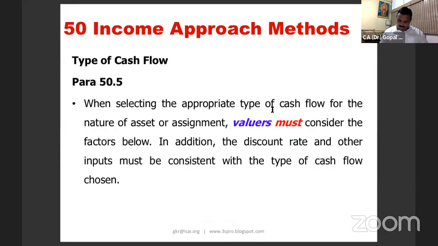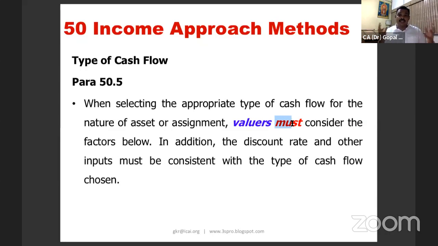So what's the first one? Let's see the type of cash flows. Now here, you have to be very, very clear. Whether you will take the free cash flow of the firm or free cash flow of the equity, this is what they speak about. When selecting the type of cash flow for the nature of the asset or assignment, the valuer must consider, this is the word must, the factors below.